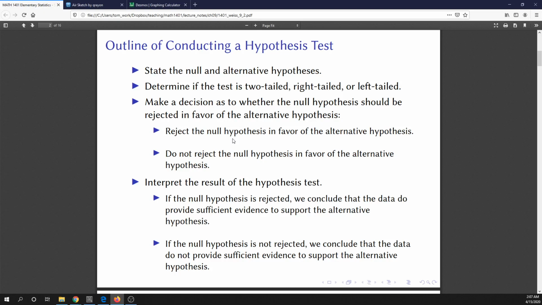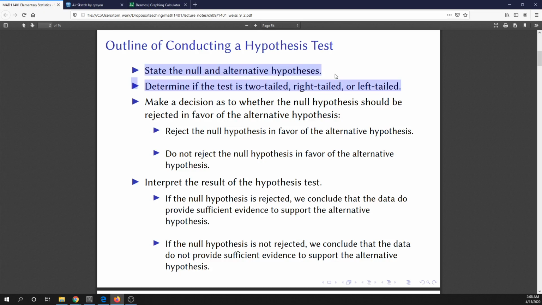All right, so let's go over the outline of conducting a hypothesis test. These are the basic steps that you're going to do, and we're just going to refine these steps as we go along. The first step is to state the null and alternative hypotheses, and then determine if the test is two-tailed, right-tailed, or left-tailed. We talked about how to do that in section 9.1.